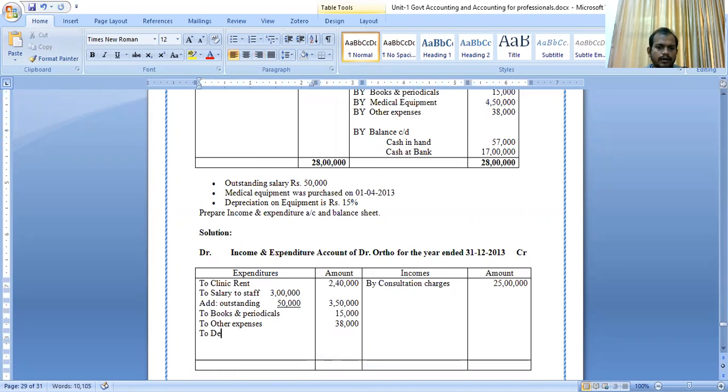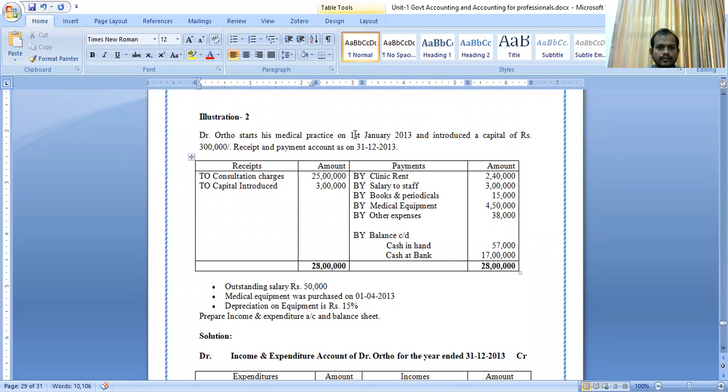Depreciation. So equipment cost is 4,50,000 into 15%, and it was purchased on 1st April.